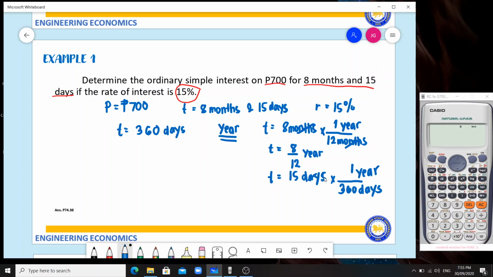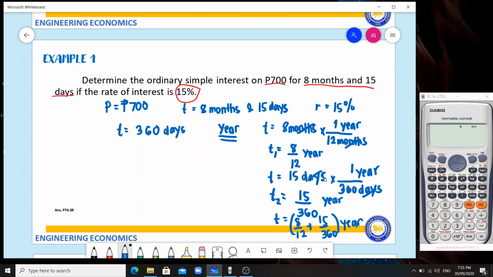So, we have to cancel this. So, meron tayong time na 15 over 360 year. Okay. So, meron tayong summation of time here. So, let's say for example, this is T1 and T2. Ang total time natin ay 8 over 12 plus 15 over 360 here.